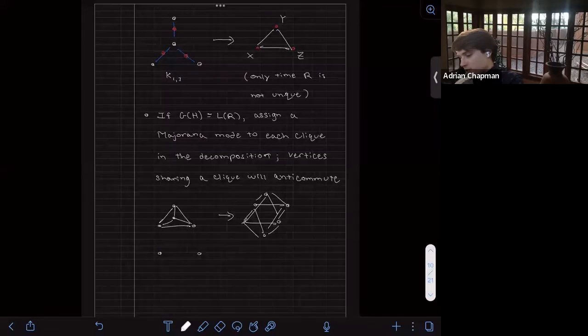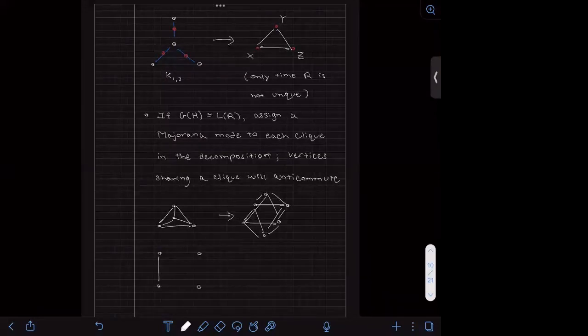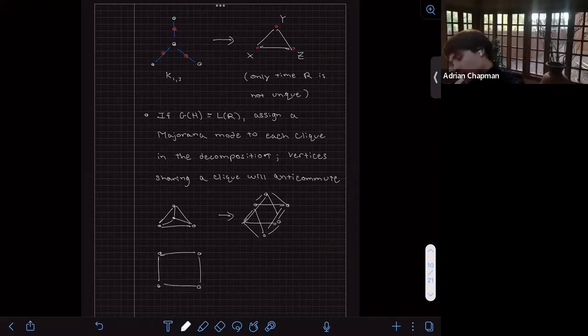A good way to see that is through this example. It's just a 4-cycle, but I cut through it with an edge. This edge is incident to every vertex in the 4-cycle. So the 4-cycle itself is mapped to another 4-cycle, and the extra edge is mapped to a vertex that neighbors every vertex in the original 4-cycle.